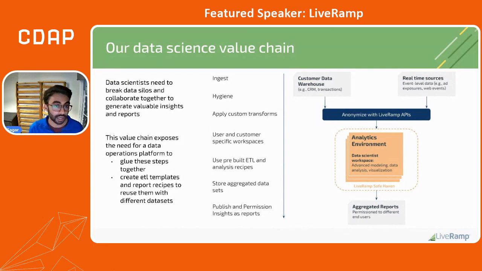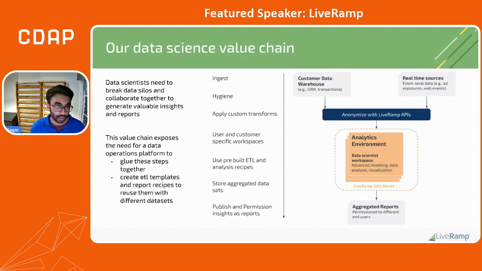On the right here, we have essentially a scenario where we have data coming from multiple sources, both batch CRM data, which may be sitting in a customer data warehouse, and real-time data like event-level data coming from, say, our website. And so we first, as I mentioned, want to anonymize that data, bring it into an analytics environment, and provide modeling tools for data scientists to use.